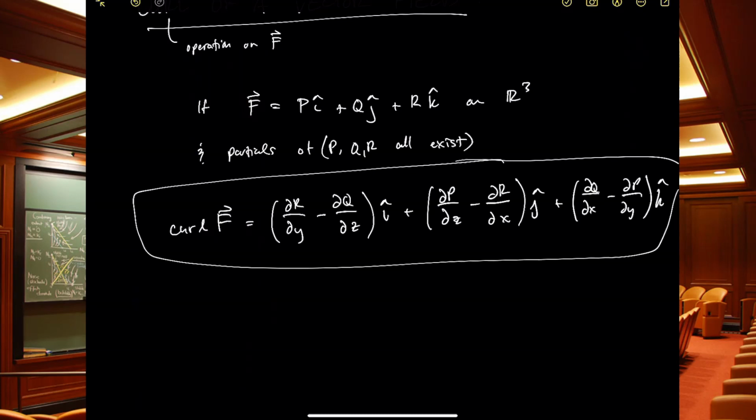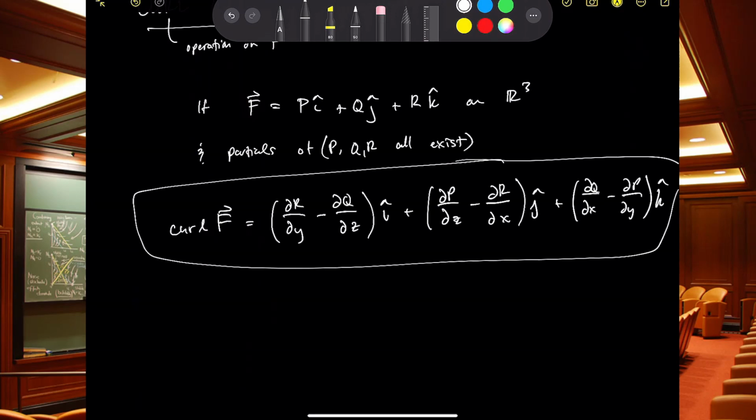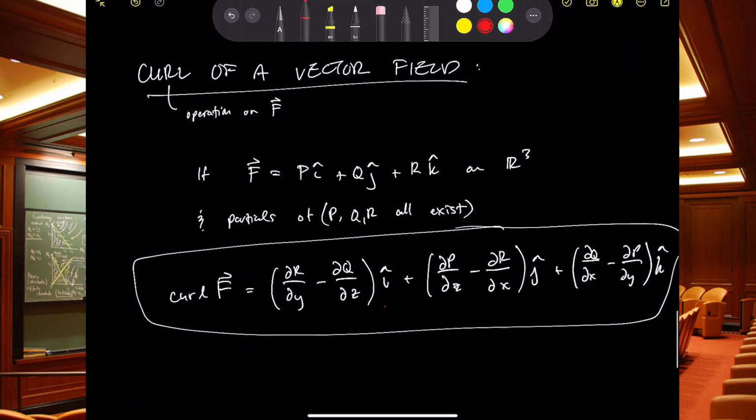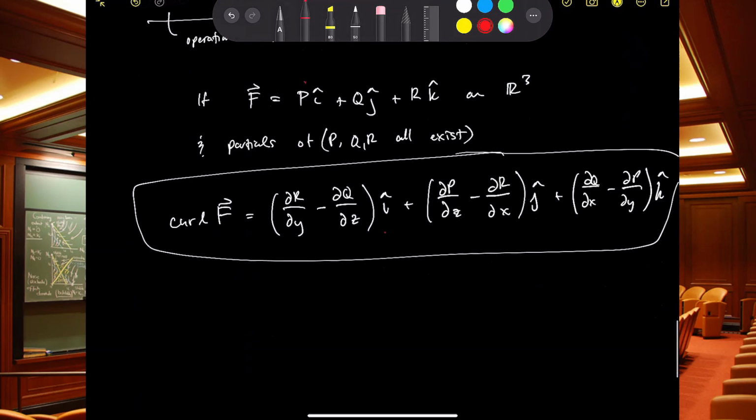There's obviously easier ways to write this, which I'll get into, but this is actually kind of descriptive in itself of what this thing is. So you think about the i component of the vector field F. Okay, it's given by this P, which describes the x directional magnitudes. And so what are these two partials telling us?